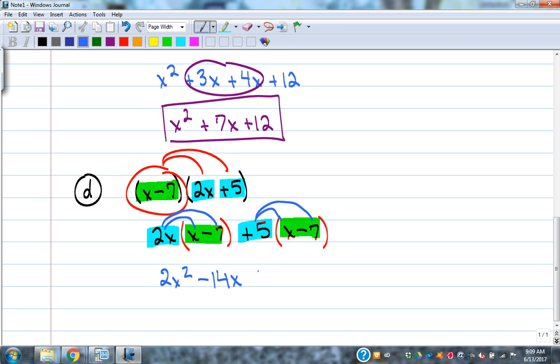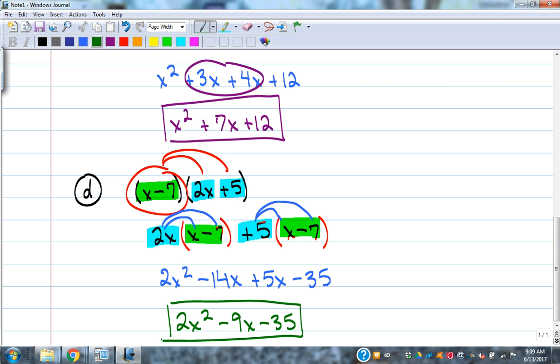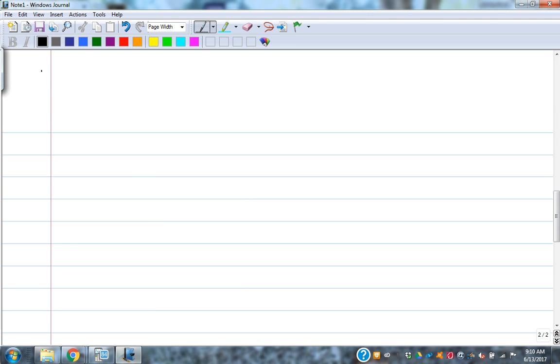So 5 times x would be 5x, and then 5 times negative 7 would be negative 35. You got it from there? And then from there, you just combine the like terms. So 2x squared minus 9x minus 35. Okay. All right. Good deal.